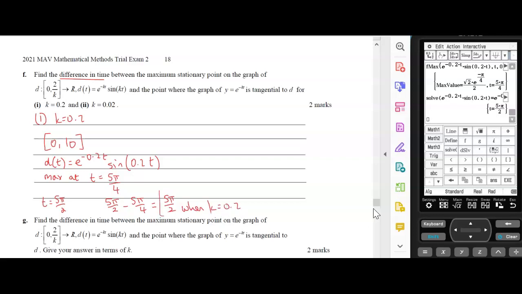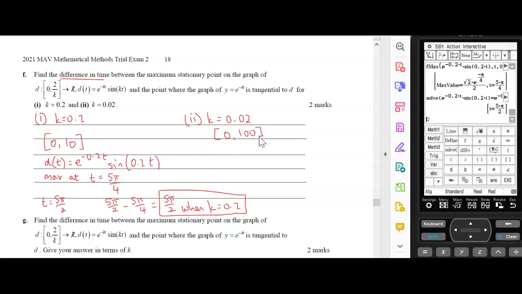So I might just have that there because we're going to have a little bit of working out for the next one. All right, so part 2. When k equals 0.02, our domain is going to be from 0, then 2 on 0.02 is going to be 100.